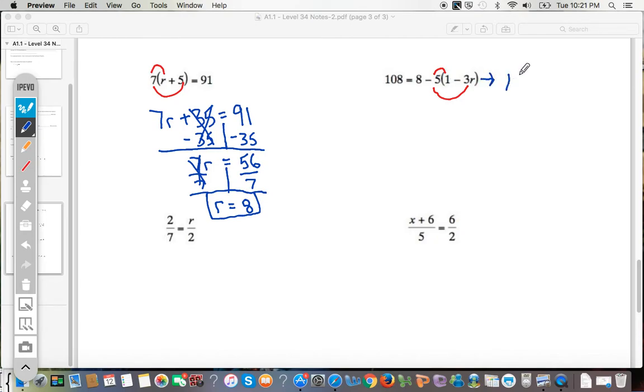I have 108 equals 8. I have negative 5 times 1, which is negative 5. And I have negative 5 times negative 3r, which is a positive 15r.